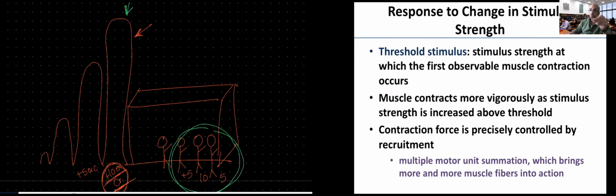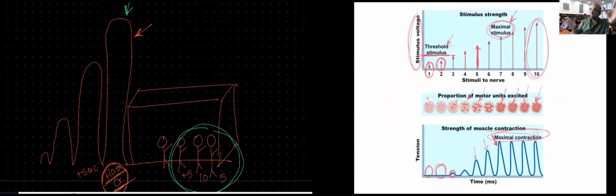But here, the strength of the stimulus doesn't have anything to do with the calcium. It has a role to play with the number of fibers that you're going to be recruiting in the muscle. The higher the strength of the stimulus, the more muscle fibers, the more cells that will get excited.